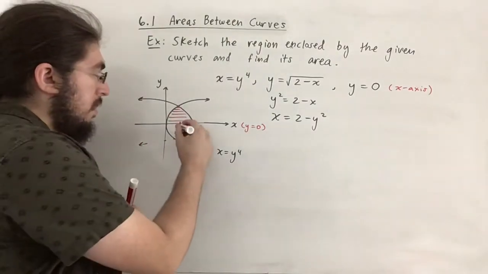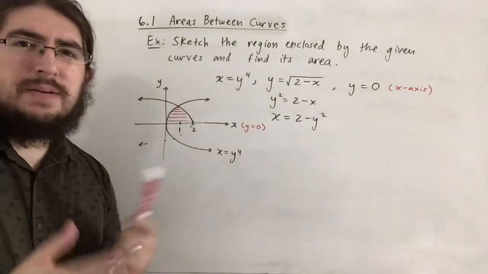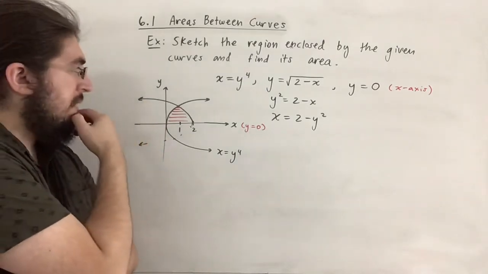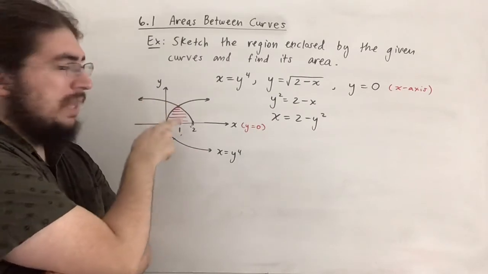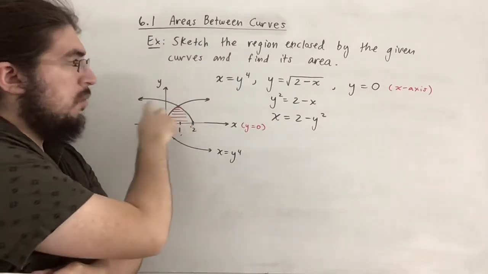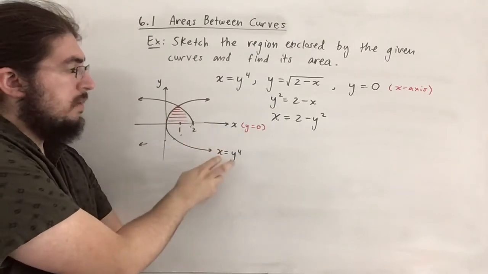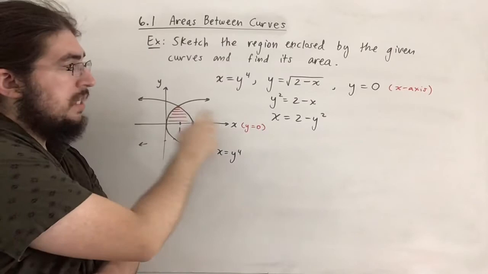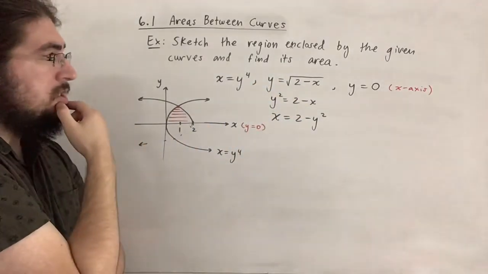So what this tells us is we have scenarios similar to what we had before, where we have this intersection point. The issue is that it's not really like top and bottom, it's more like which one we're using. So here we'll be using y to the 4th equals x. Here we'll be using this curve here, y equals radical 2 minus x.